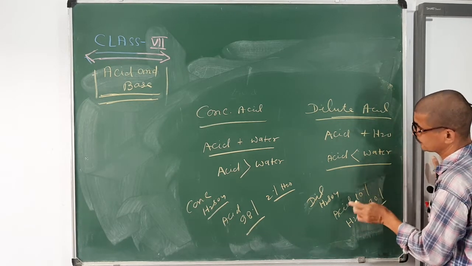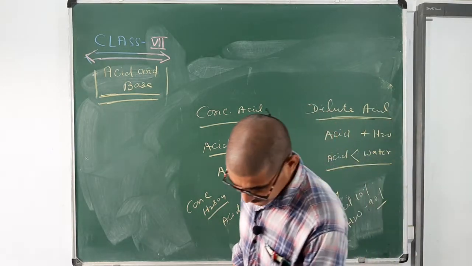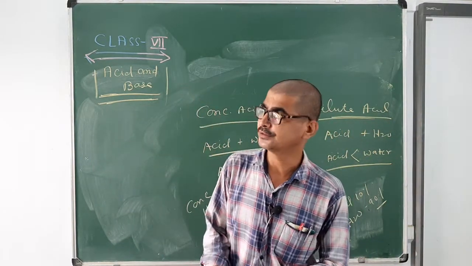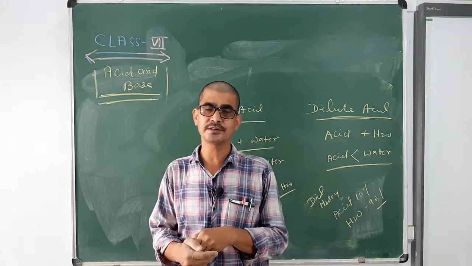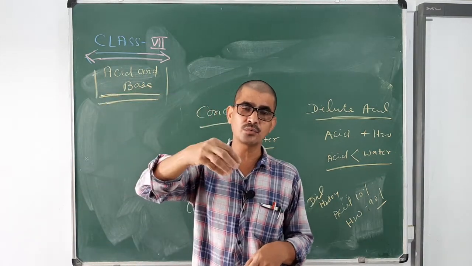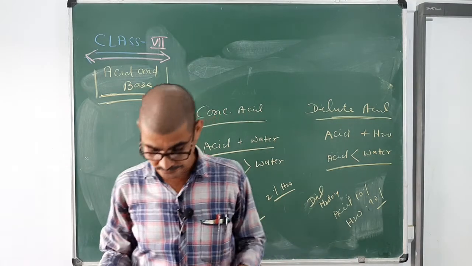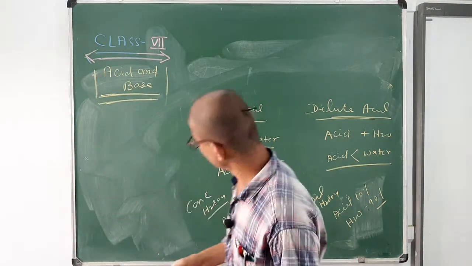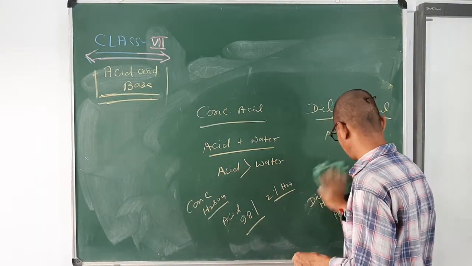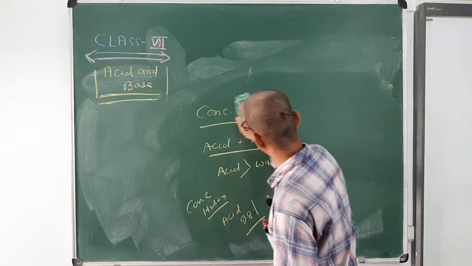This is called dilute acid. But one more question is here. During the dilution of acid, is acid added to water or is water added to acid? This is a very important question.